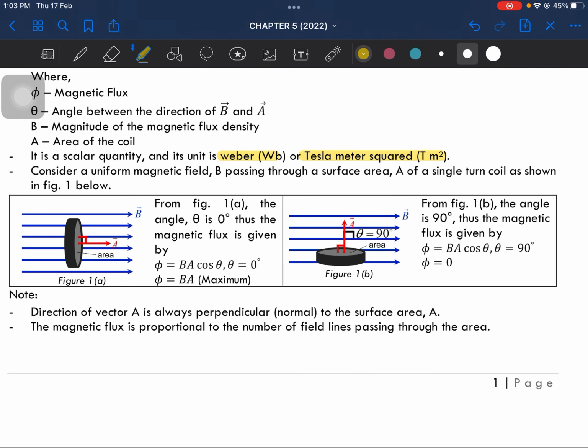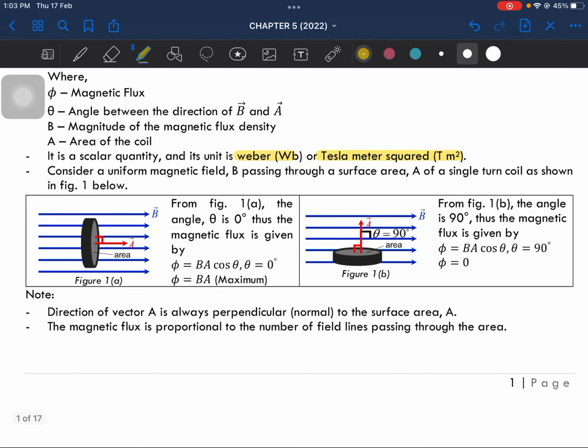Let's consider a uniform magnetic field passing through a surface, for example as shown here. The area vector is always perpendicular to the surface.